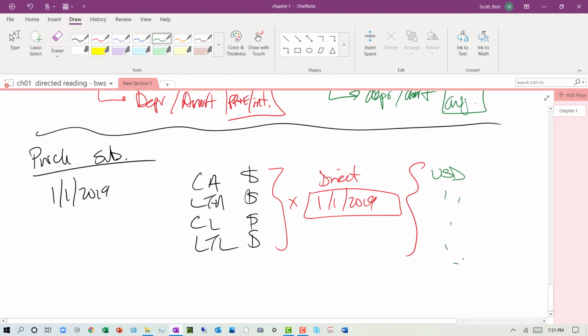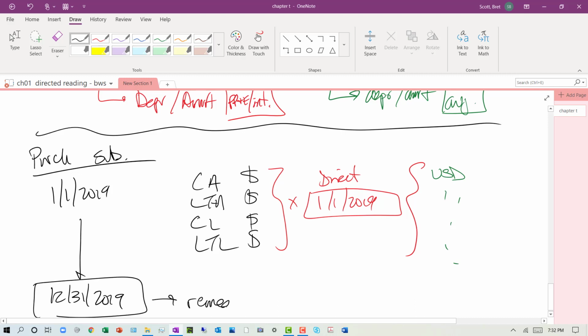So when do remeasurement and translation become problematic? It becomes problematic from 1/1 to 12/31, 2019, because now we have to worry about whether we're remeasuring, translating, or both. That's where it becomes problematic.